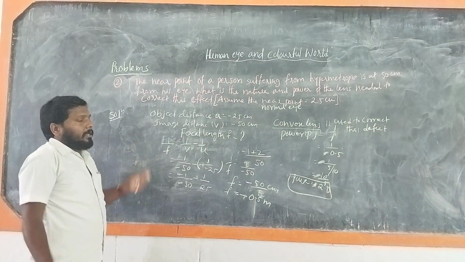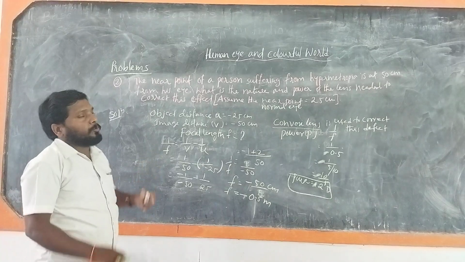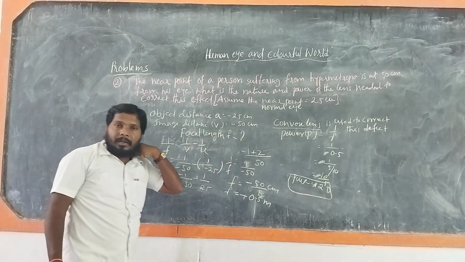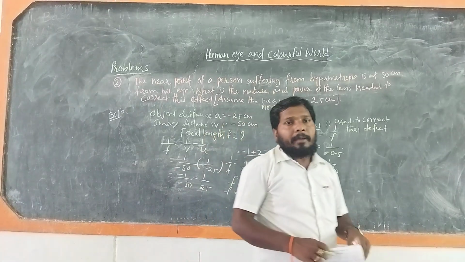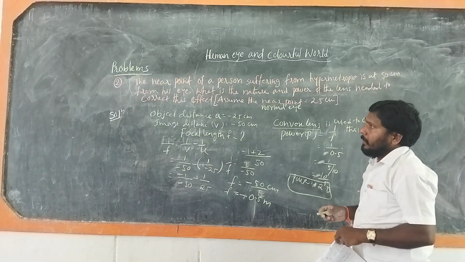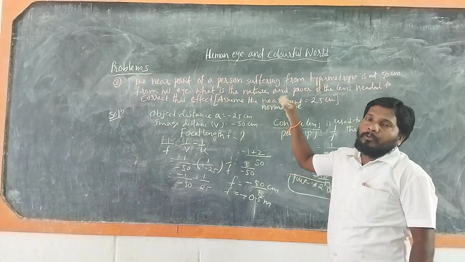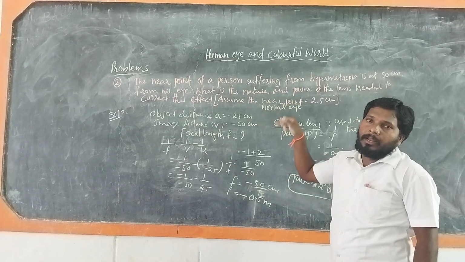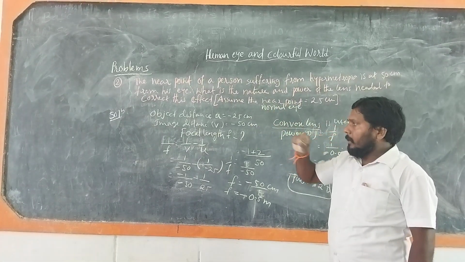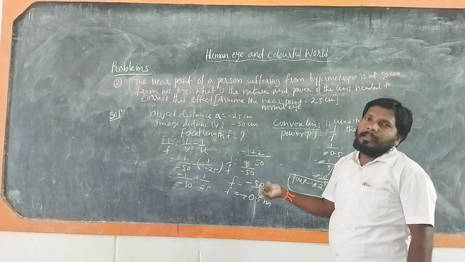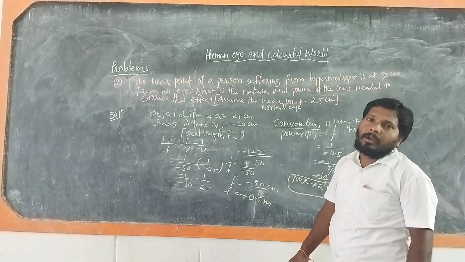So understand like this. Two problems are discussed. One is regarding myopia and another one is regarding hypermetropia. In the two problems, we need to find the focal length and calculate the power of the lens. If the power of the lens is given, then how do we calculate the focal length?